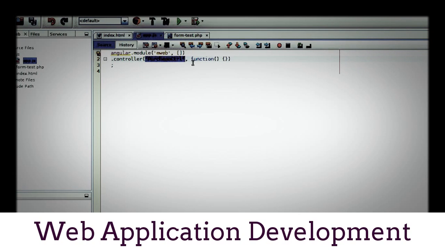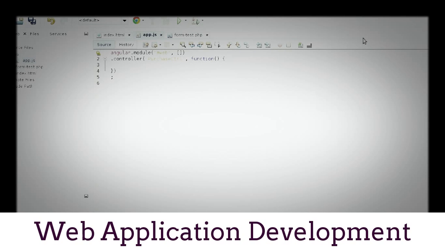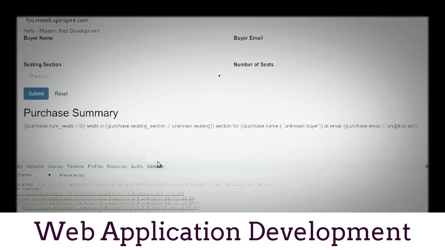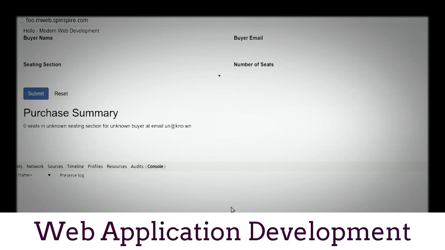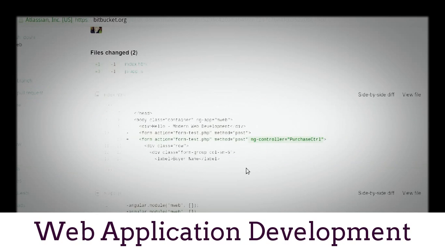First is the name of the controller, second is the anonymous JavaScript function that makes up the controller. Let's break the line and save, and now when we refresh it, it is happy, there are no errors. It doesn't do a whole lot, but just give me a second and it will start doing useful things.